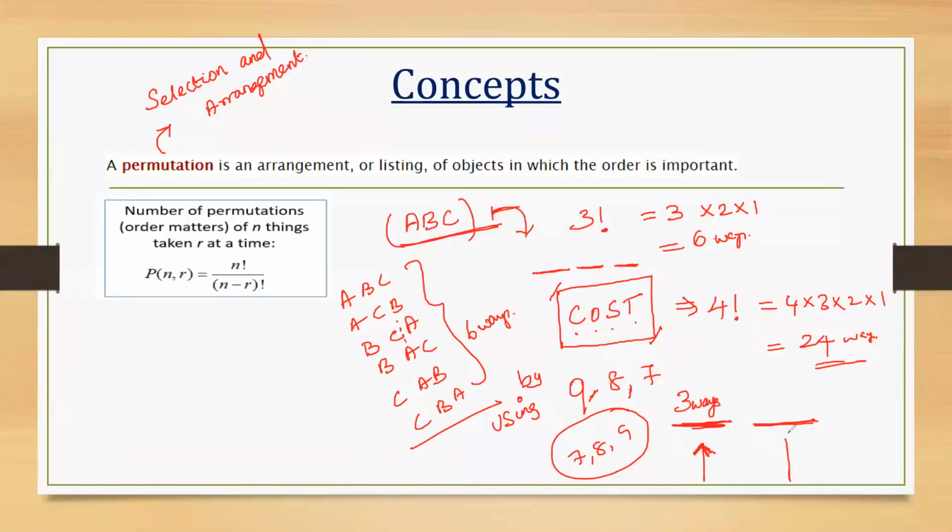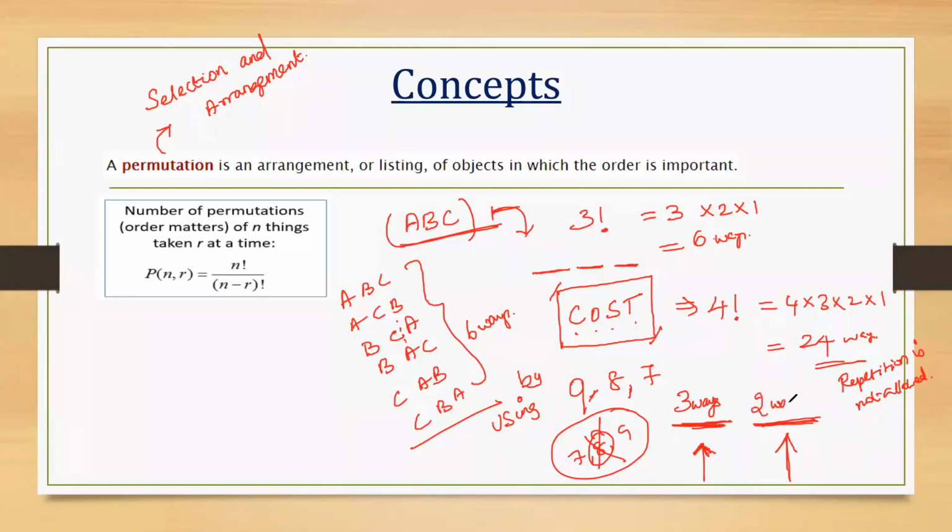Similarly, for the second place. So first place, we have 3 possible, either 7, 8 or 9, 3 ways. If repetition is not allowed, then what is the answer here? After filling one number, for example, if I place 8 in the first place, then the second place can be filled by either 7 or 9.